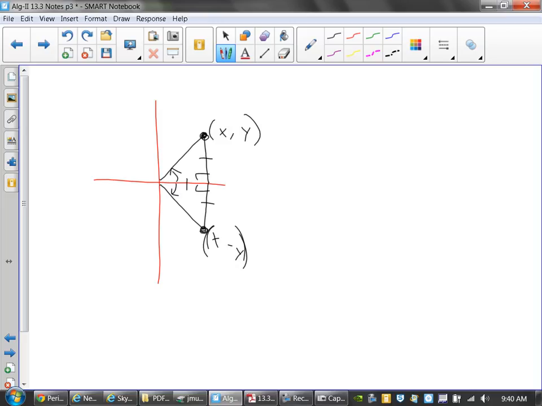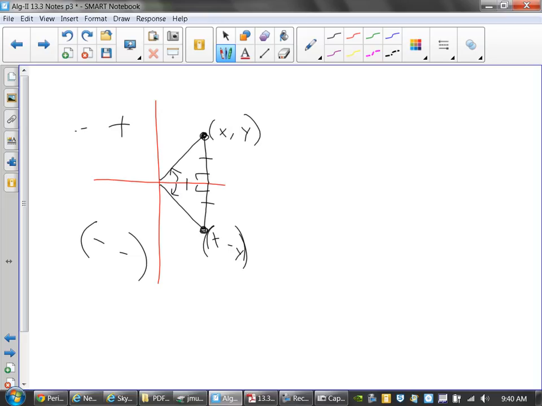I just have to know what quadrant I'm bounced within to know which one's negative and which one's positive. That's how that works. It looks ungodly complicated for just a translated 45, 45, 90 triangle into a different quadrant. Okay? Does that make a little bit more sense?